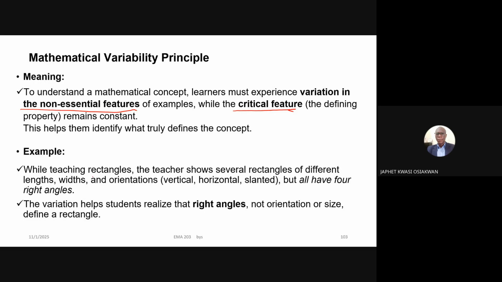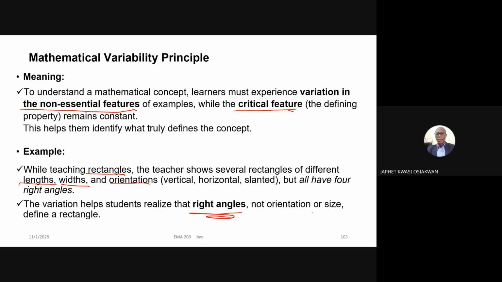So while teaching rectangles, the teacher shows several rectangles of different lengths and widths. So it's now coming to coincide with another one, orientation, and so on. The variation helps students to realize that, for example, the right angle is what makes the concept, the rectangle. The fact that it has a right angle, 90 degrees, is what makes it a rectangle.